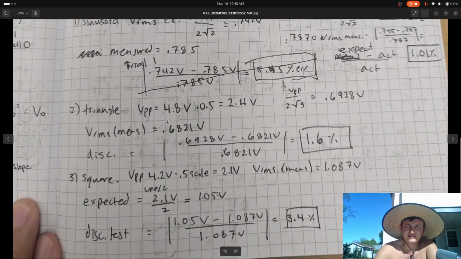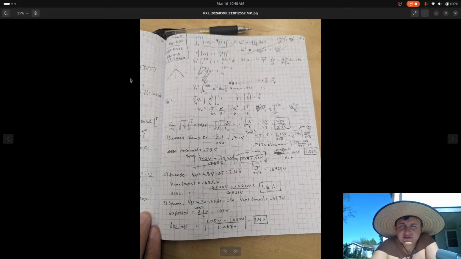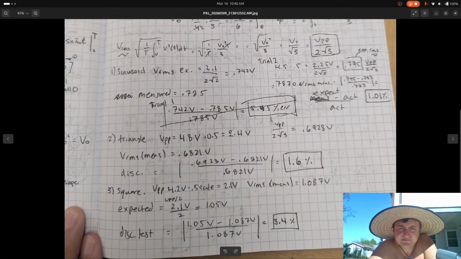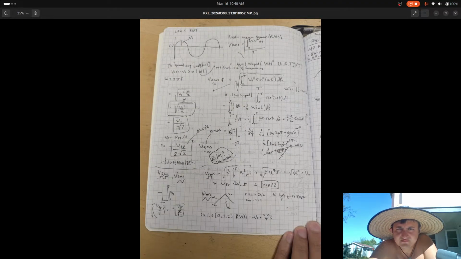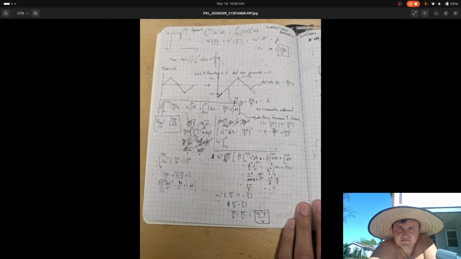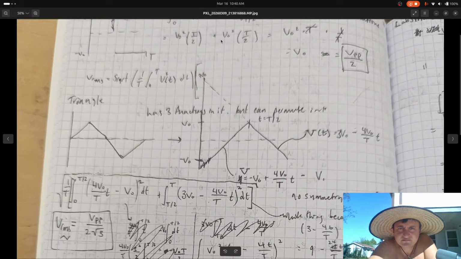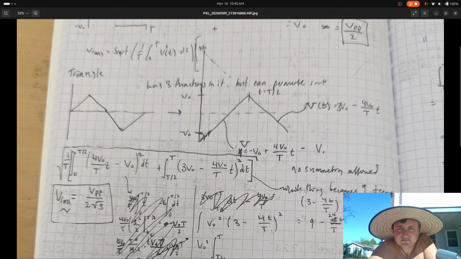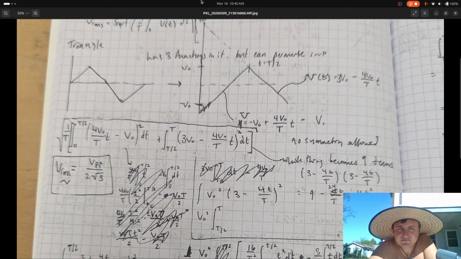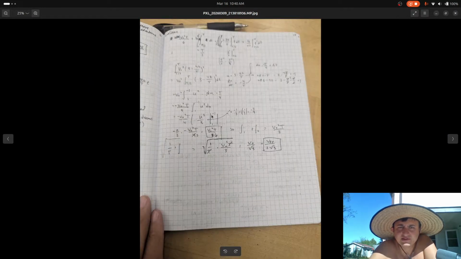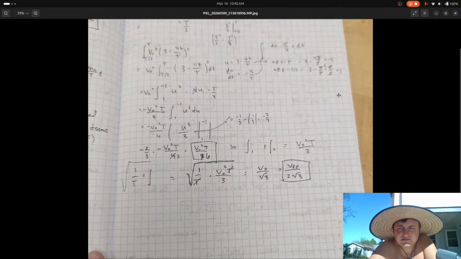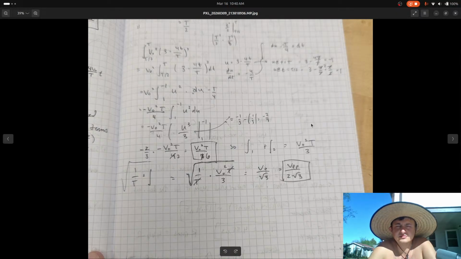Okay, I forget exactly. And then we have the discrepancy tests here. I always forget the order of this thing. No symmetry. Oh, yeah, I redid the derivation here. Yes, so nasty. VPP over 2 root 3.